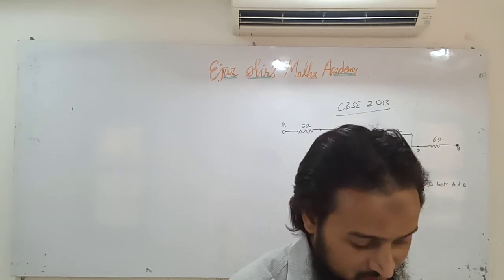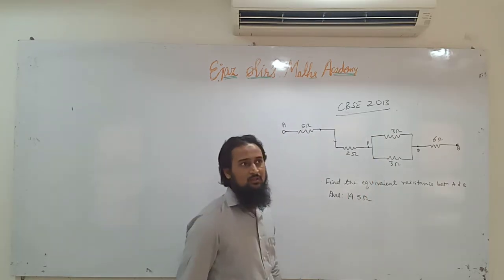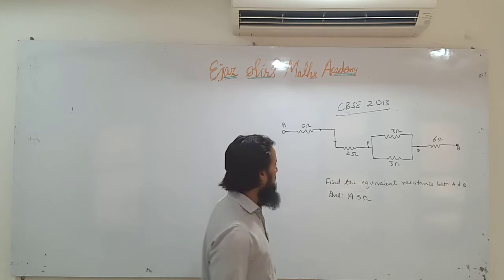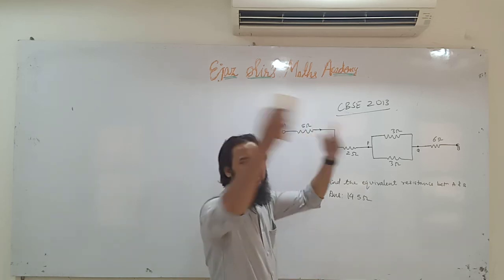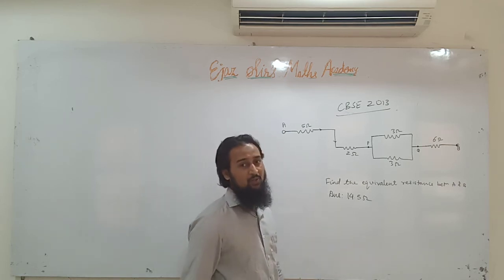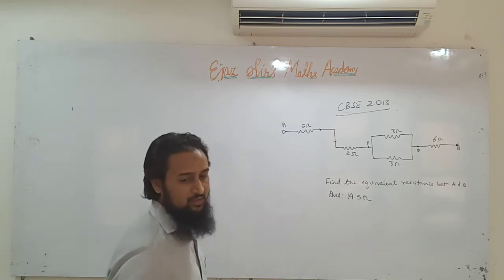Now I will give a question from my own. It's a very famous question. From my own means I have read in a book, and that question may be asked for 5 marks. I am going to wipe it off or let it remain there.